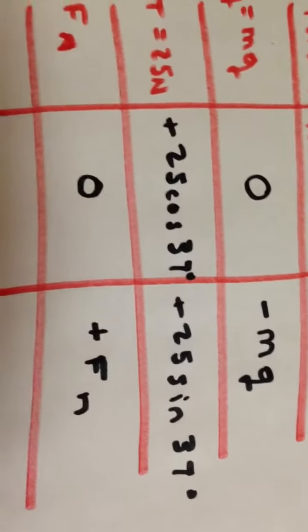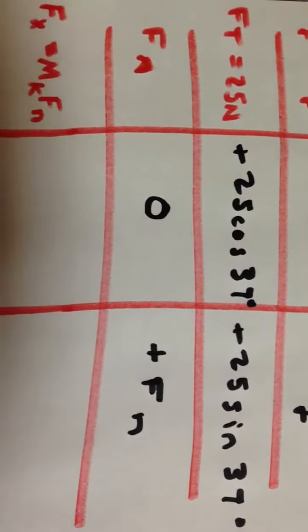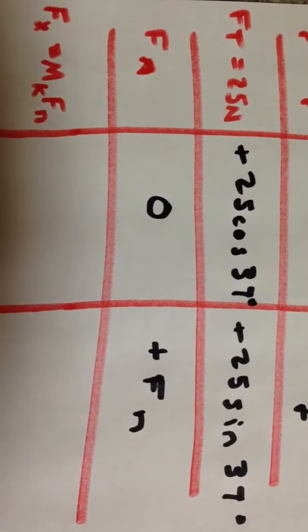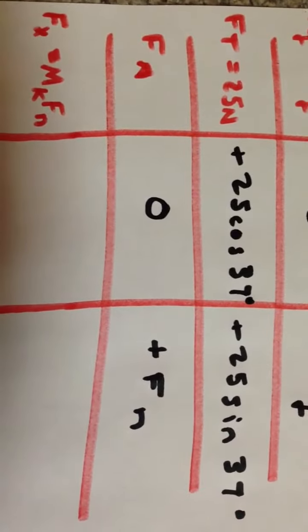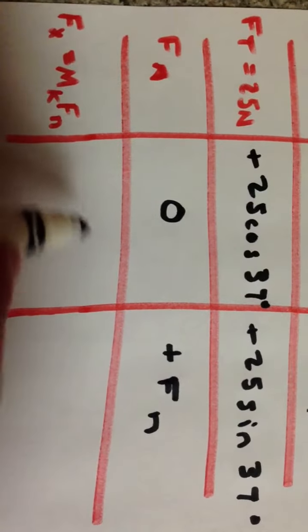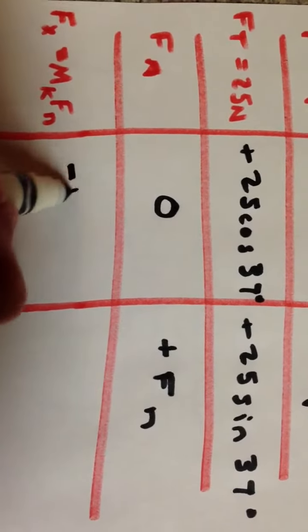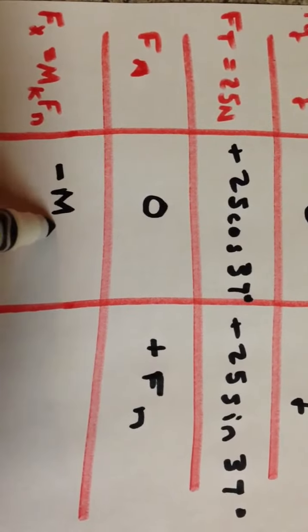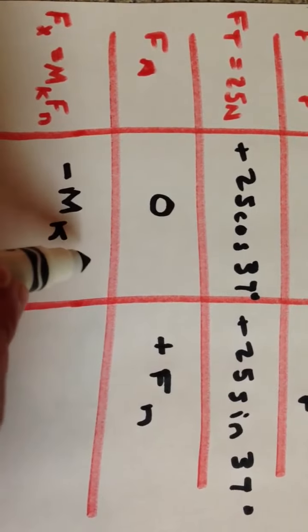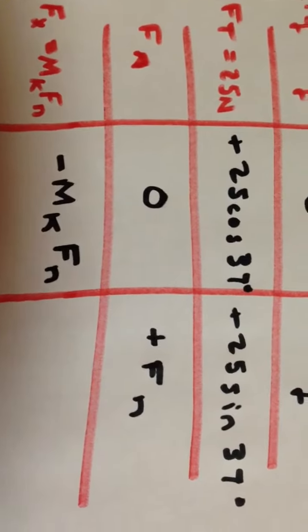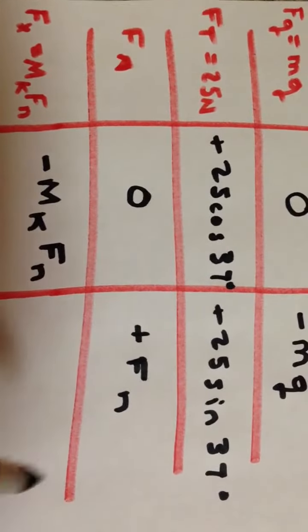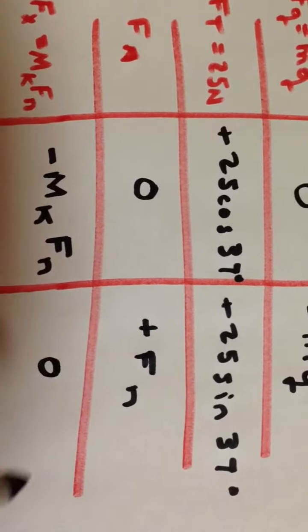Alright, and the next force we're going to go over is the friction force, and that is negative mu sub k times the normal force, and the y component is 0.